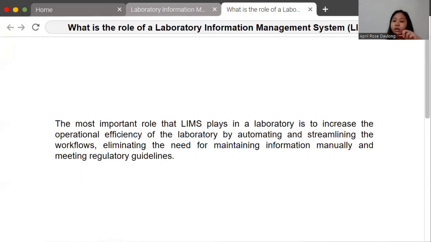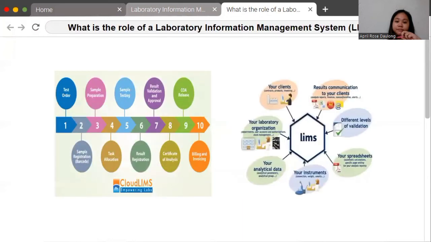So, as what I've said, mas efficient siya and mas daghan siya advantages. So, as you can see sa picture, siya roles sa laboratory information management system.